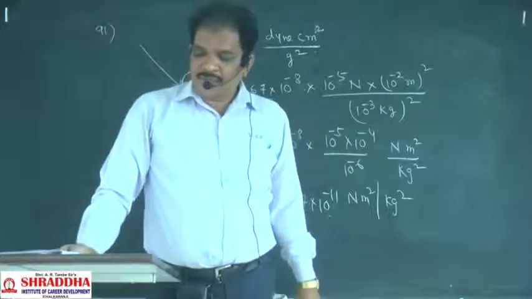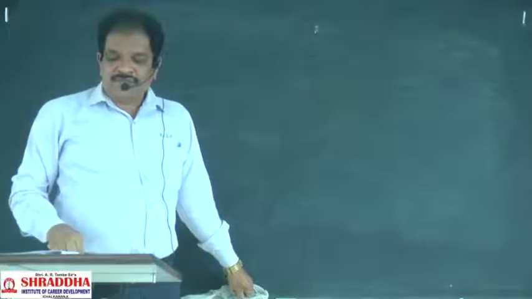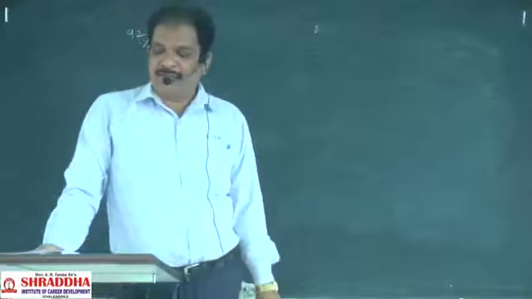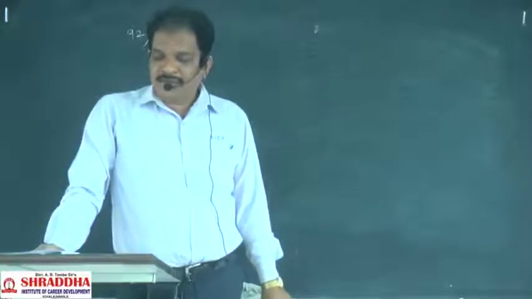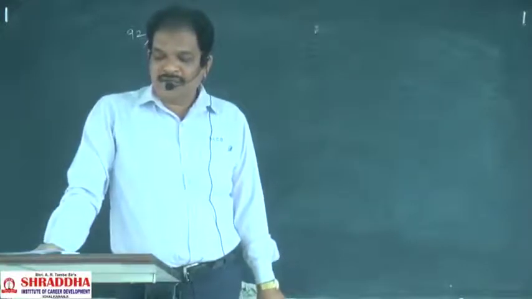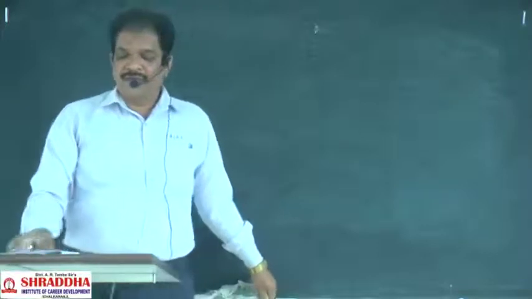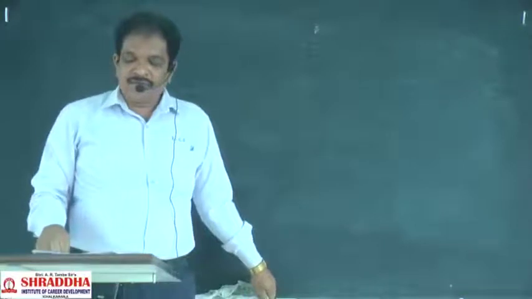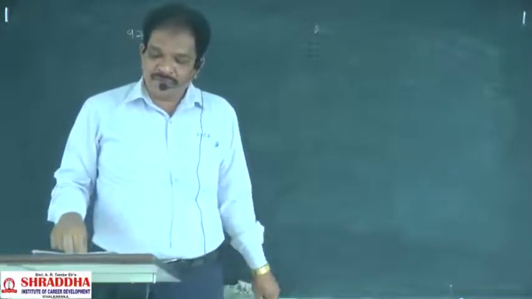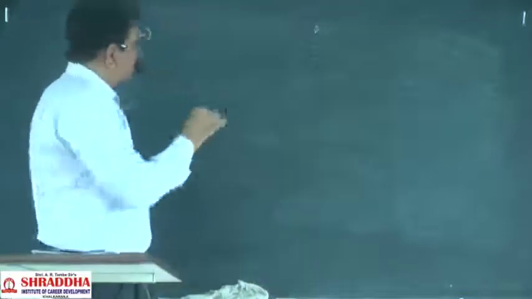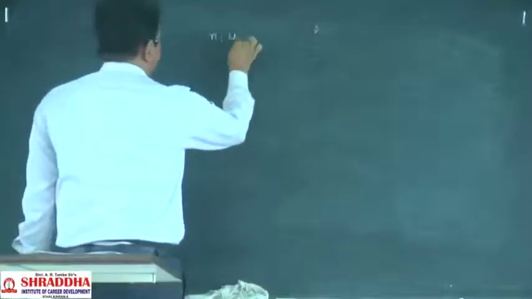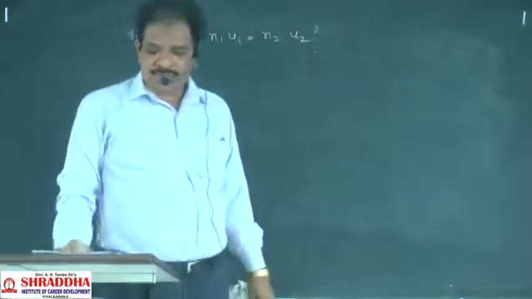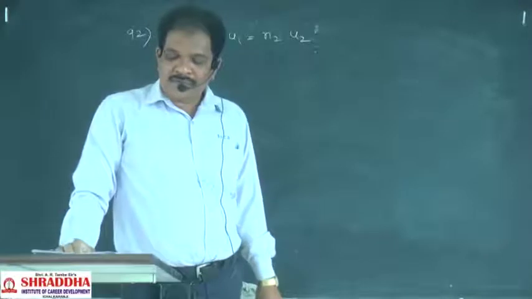Next 92. Units of mass, length and time are 100 gram, 20 centimeter and 1 minute respectively. The equivalent energy for 1000 years in the new system will be the equivalent value. So same. N1 U1 is equal to N2 U2. This is 1000 years.